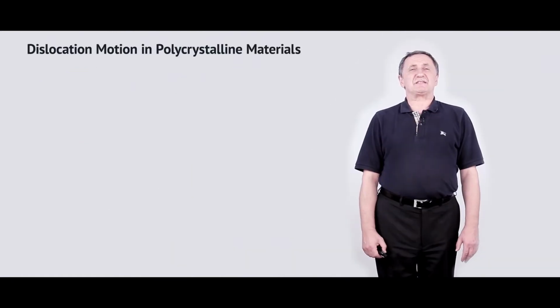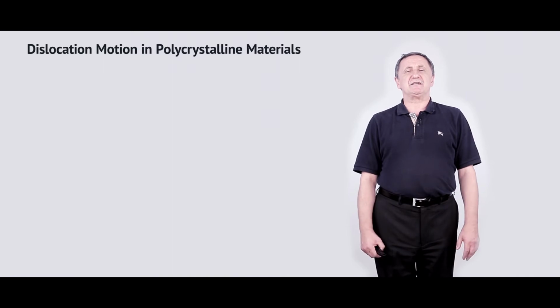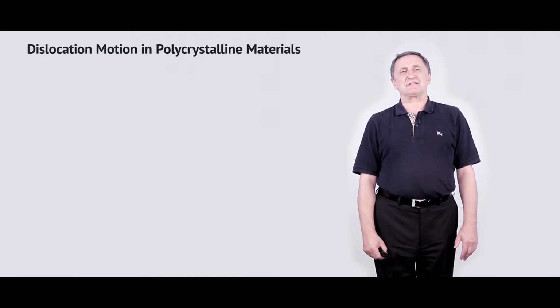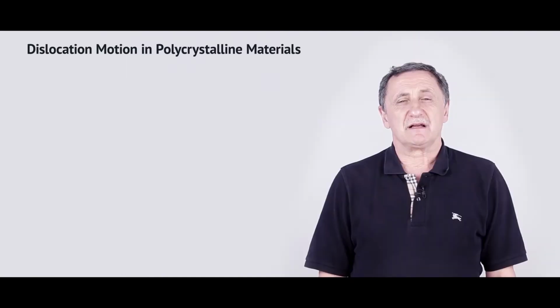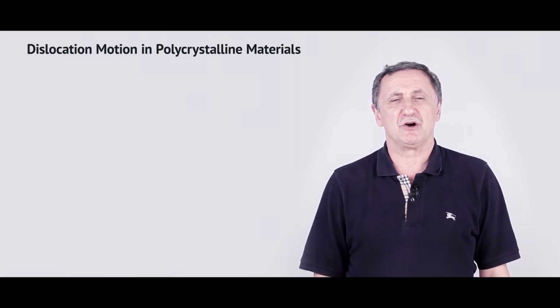It's very easy to understand. In order to make material stronger, somehow we have to hinder the slip or the motion of these dislocations, for example, edge dislocation.